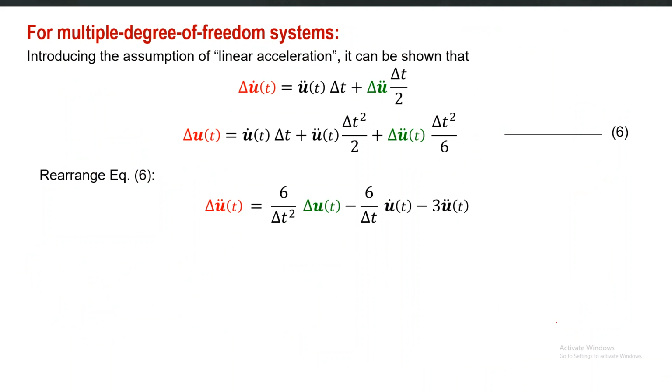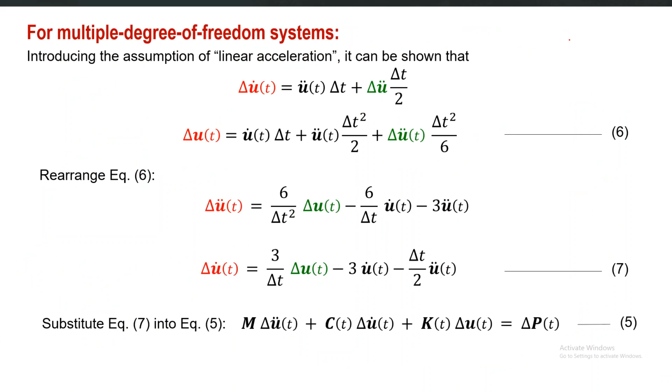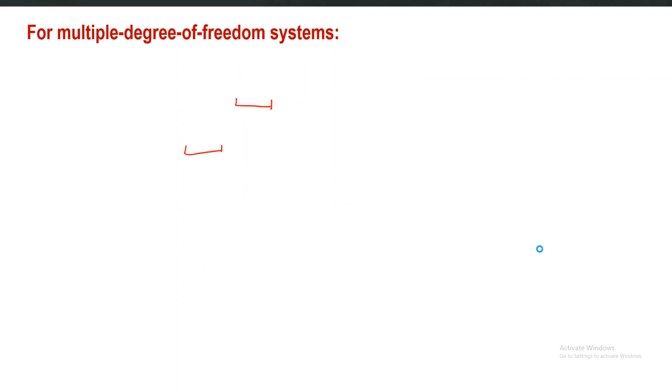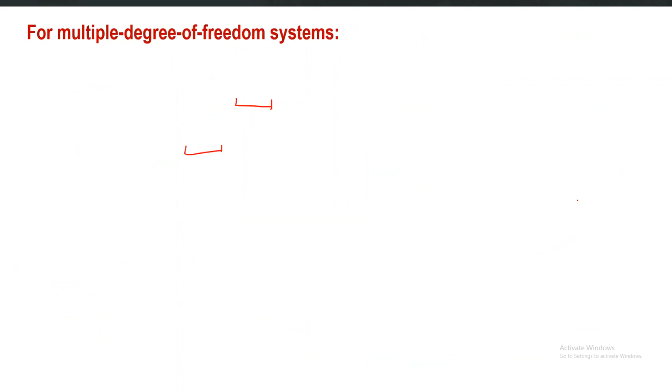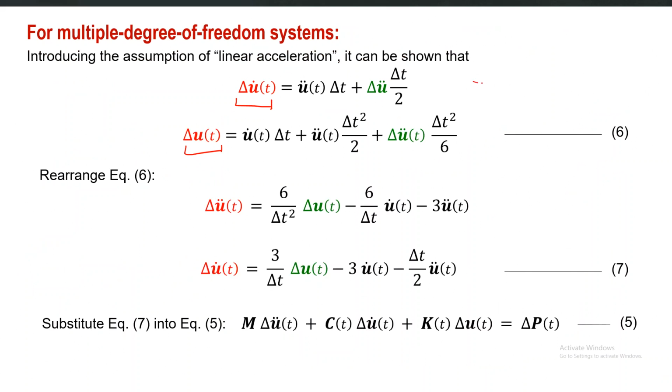So we can also demonstrate that for multiple degree of freedom systems, the same two equations, which are in fact equations D and E, can be written. This is the same as equation D and this is the same as equation E, but they are for multiple degree of freedom systems.